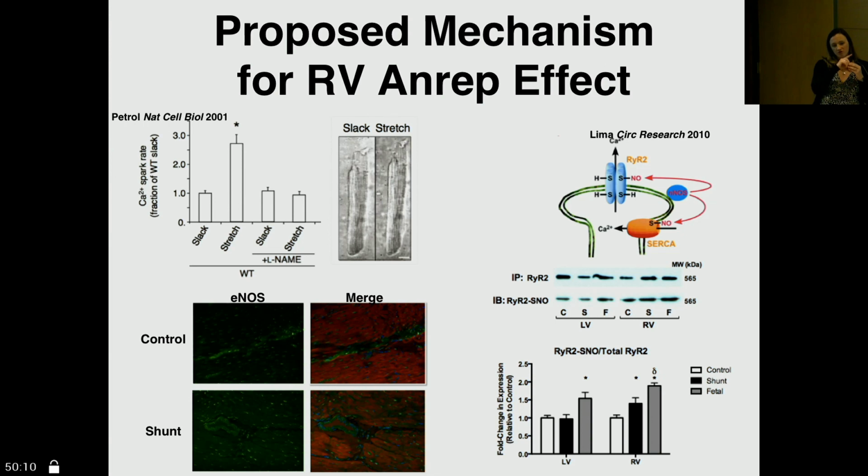And so that provides then a mechanism linking increased nitric oxide expression and activity, its localization within the cytosol, increased nitrosylation of this receptor, which we demonstrated is a purported mechanism linking back to actually increased function with contractility.